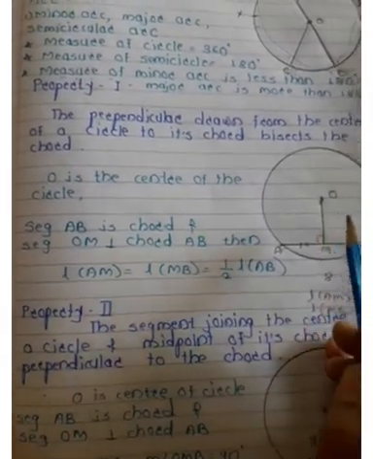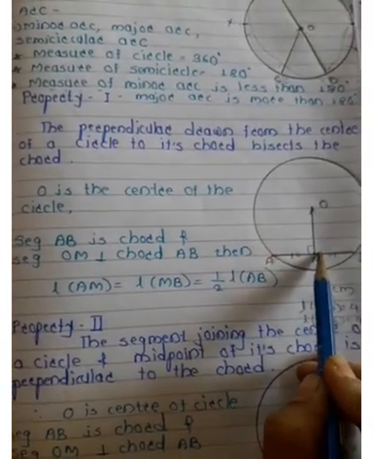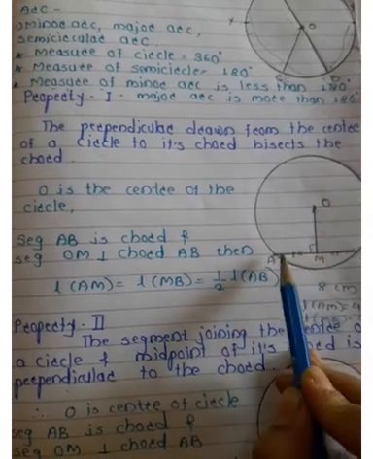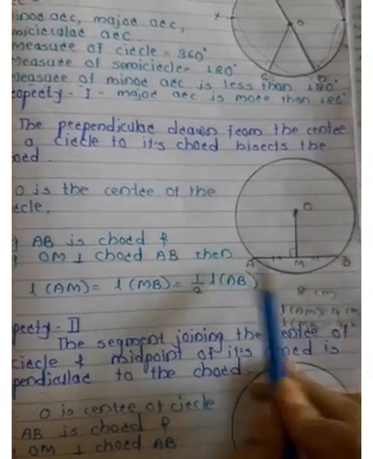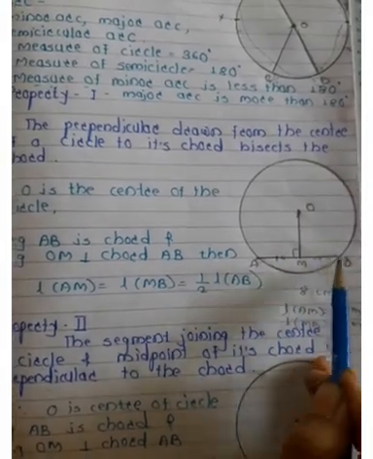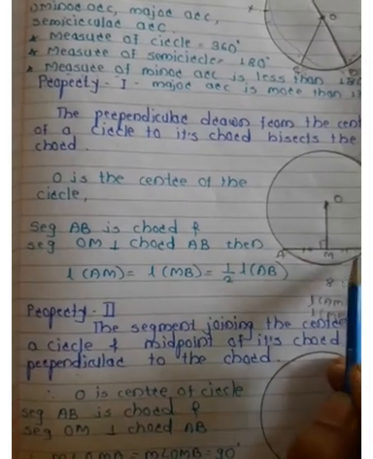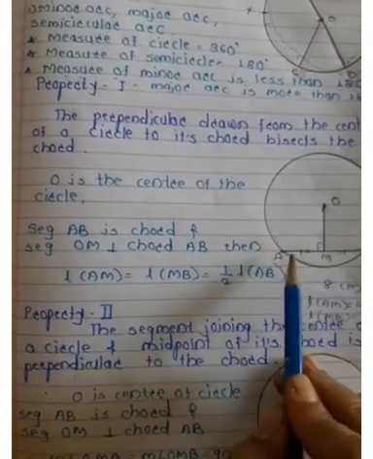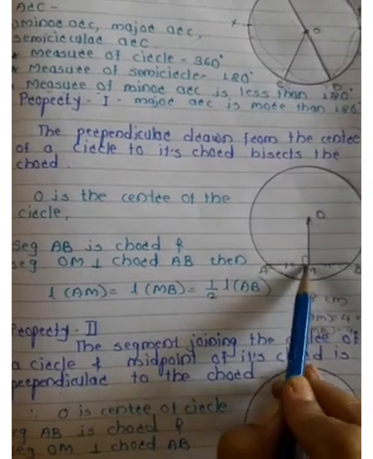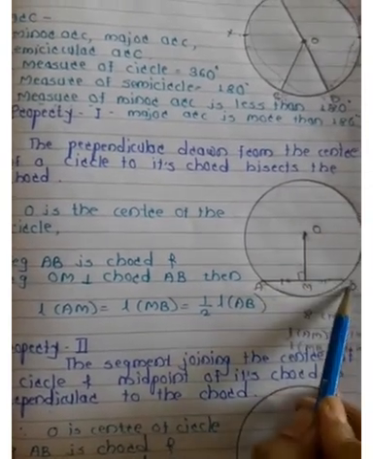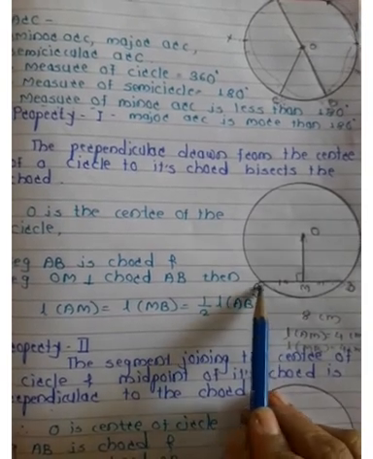Here segment OM is perpendicular drawn on segment AB. AB is a chord. O is the center, segment AB is the chord and segment OM is perpendicular to chord AB. Therefore, length AM is equal to length MB, which is equal to half of the length AB.